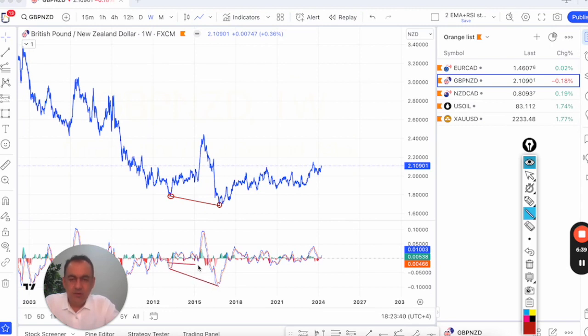We also have a lower low formation on the MACD histogram, which means that the bearish trend is not yet over, but we are into the corrective pattern of this bearish cycle.